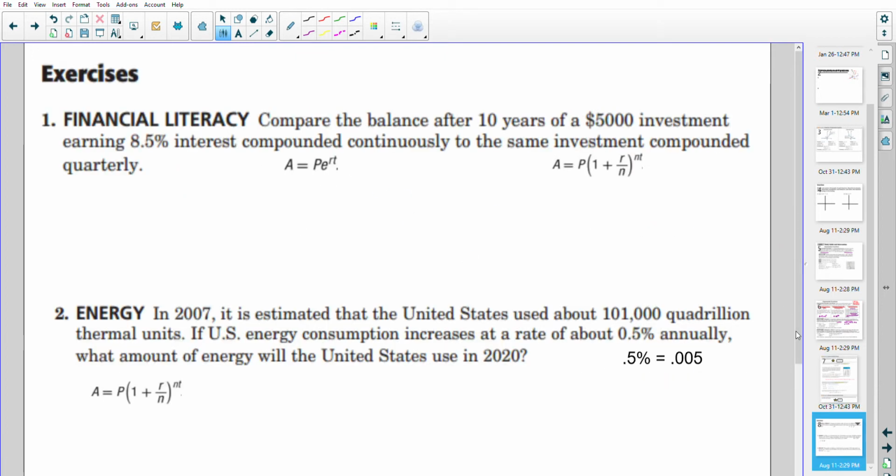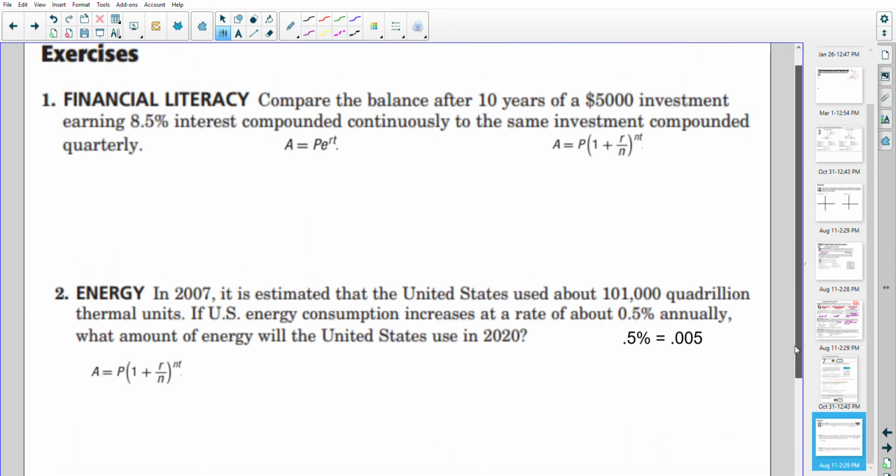Now I'm going to do a few problems at the end just to use those three equations. First of all, we're looking at a balance after 10 years of an investment.